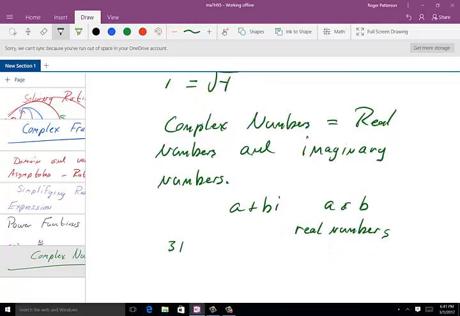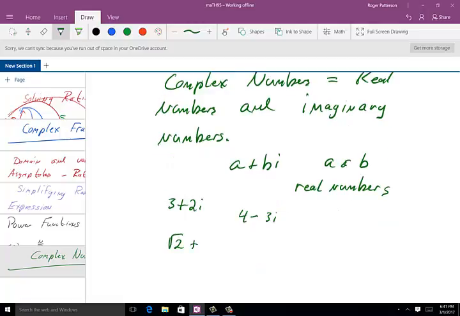So 3 plus 2i, 4 minus 3i, the square root of 2 plus i, and just regular old i by itself. These are all examples of complex numbers. Okay? And they have applications in electricity, and there's one other thing, but I can't remember what it is. But they do have some real-world applications.